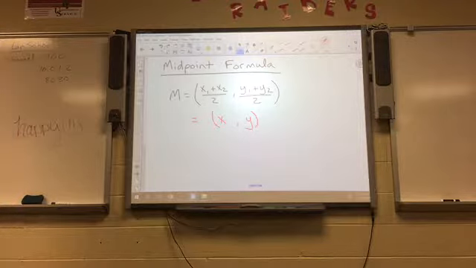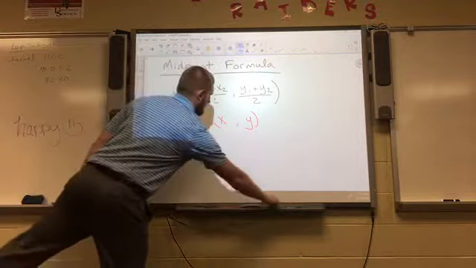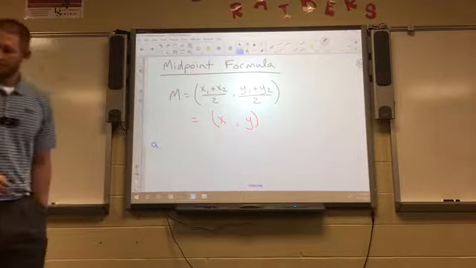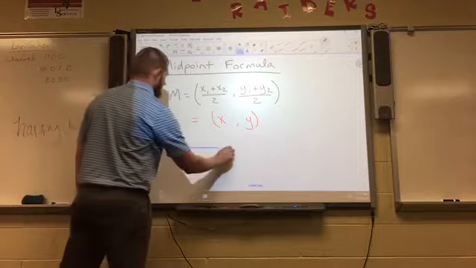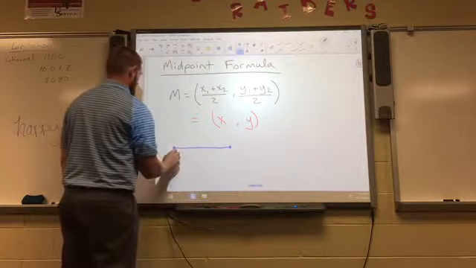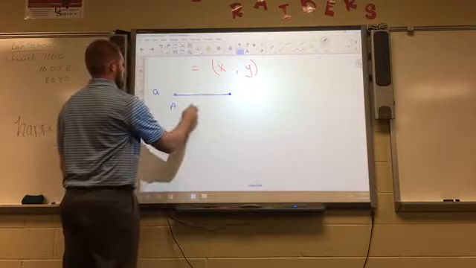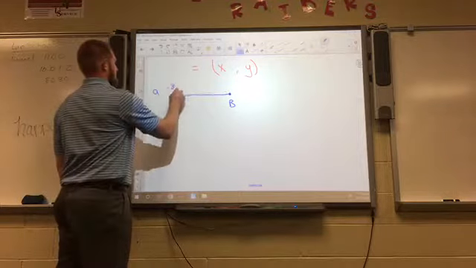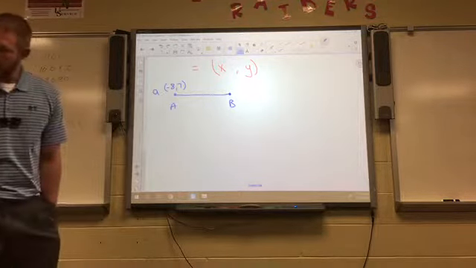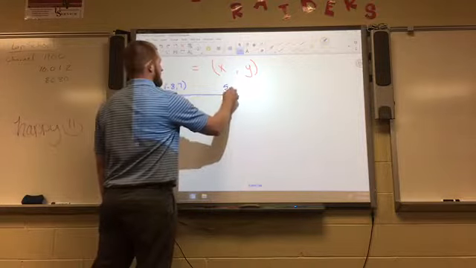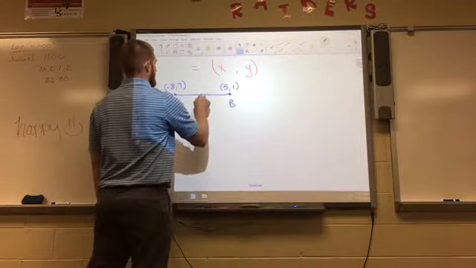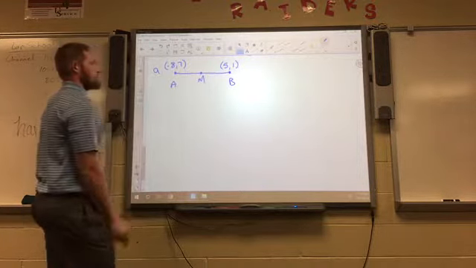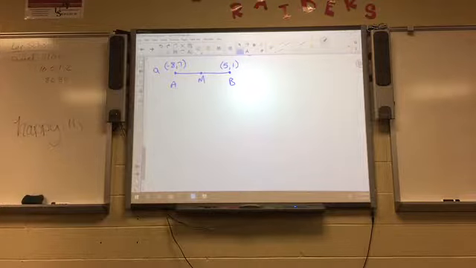So the first example that goes along with this, example A, gives us a segment AB and they tell me that coordinate A is negative 8, 7 and coordinate B is 5, 1. They want us to find the midpoint.